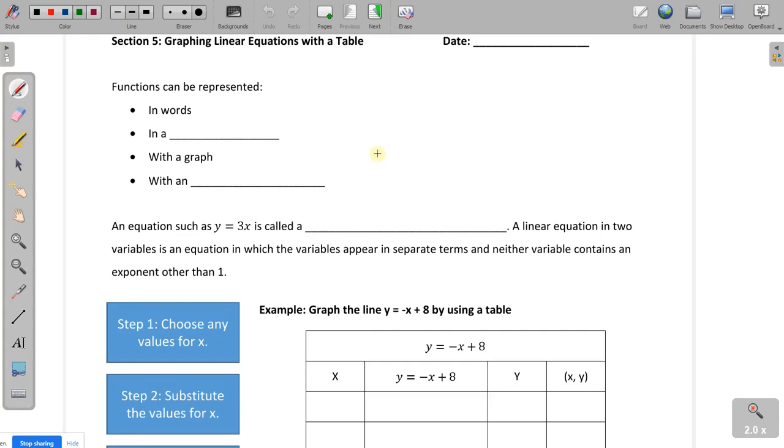Today we're going to be learning about graphing linear equations, and we're going to be using a table. So functions can be represented in words, in a table, with a graph, or with an equation.